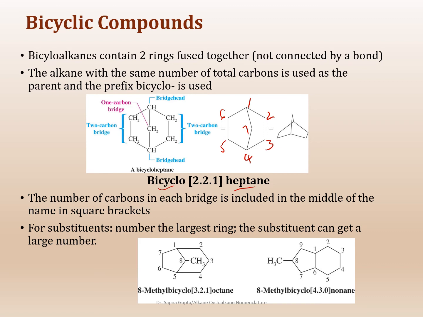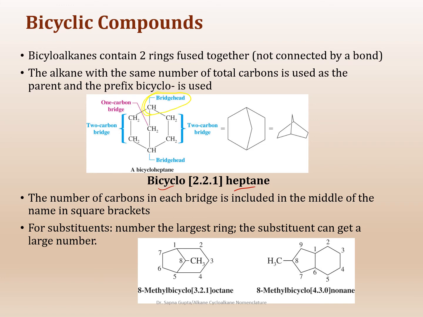Now let's talk about the middle part, which is the numbers that you have in the square brackets. So first of all, you have to identify two different kinds of carbons that you have in a bicyclic compound. One type of carbon you have is what's called the bridgehead carbon.